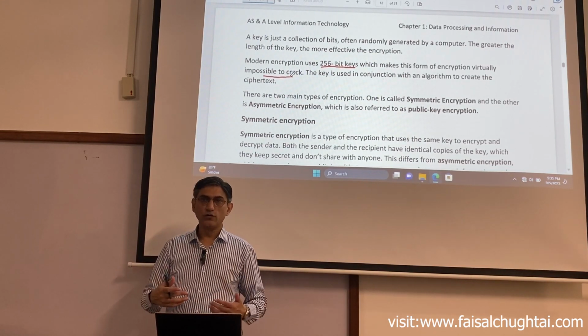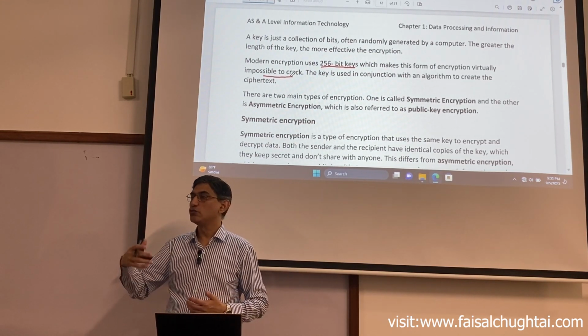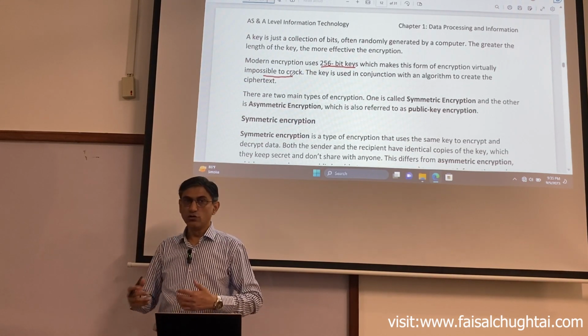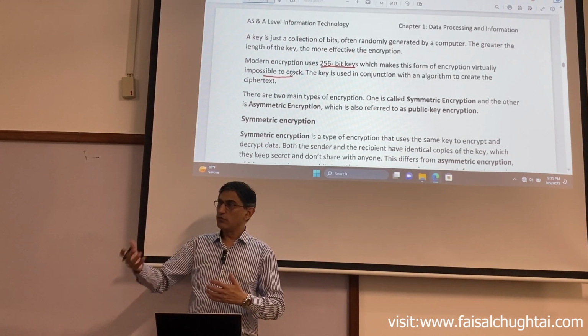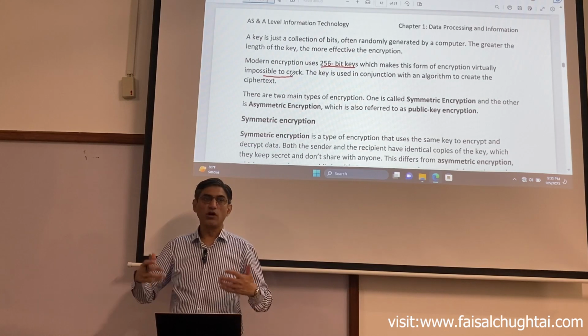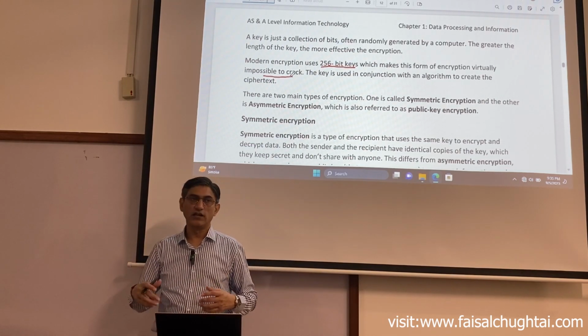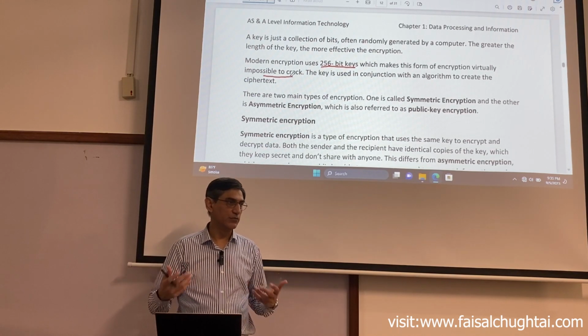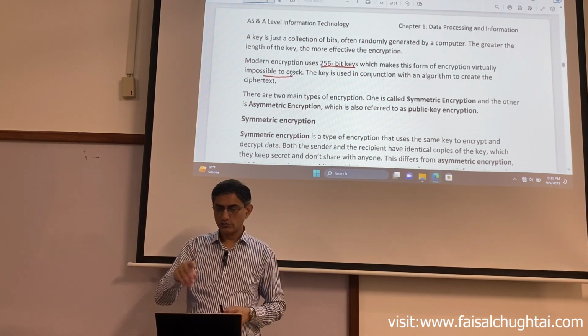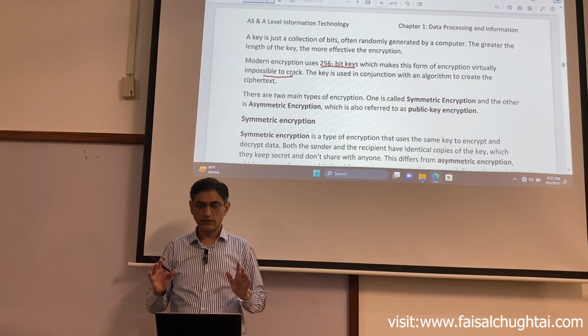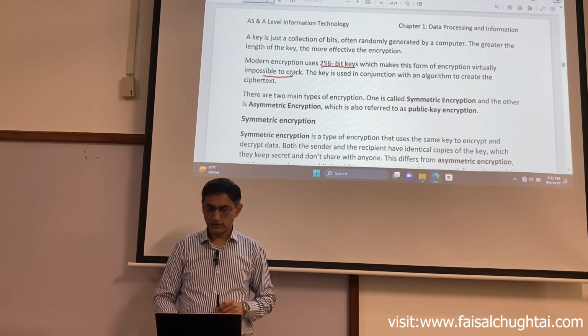Yeah, 64-bit, 128-bit to 256-bit encryption. So as you could see, the more the number of bits, the more the combinations, the more complex it becomes to really understand what method has been used to encrypt the data. So this 256-bit key encryption is very, very difficult to crack.